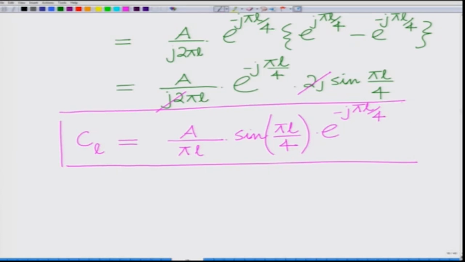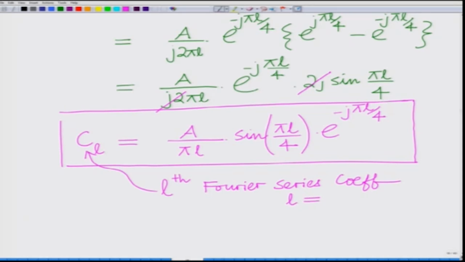So, this is your Lth Fourier series coefficient where L not equal to 0.